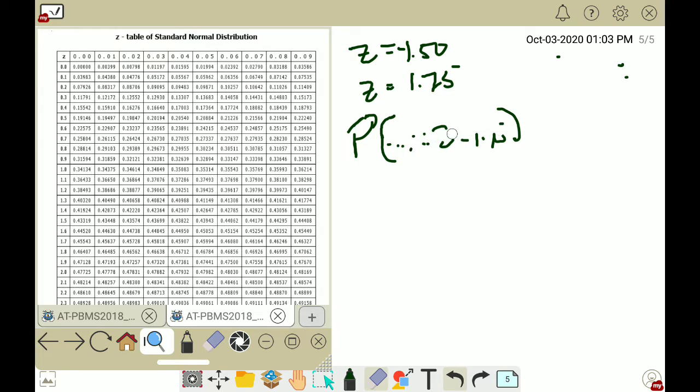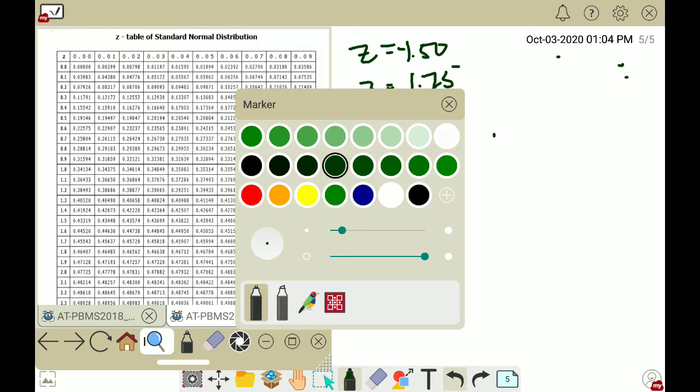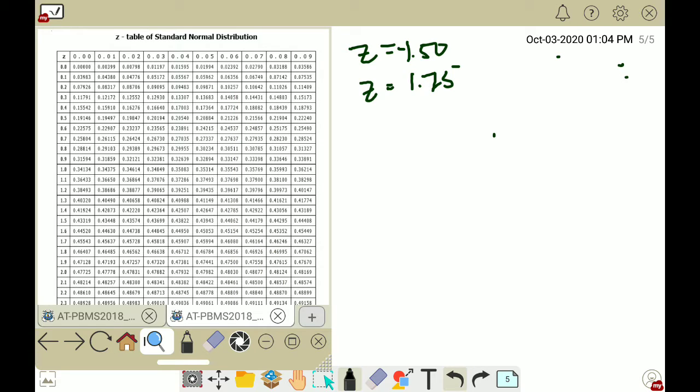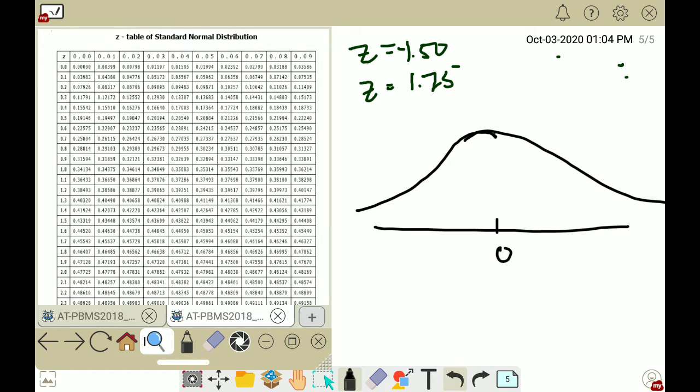Okay, illustration. For the illustration, we're going to look for between. So create your normal curve here. Okay, 0, -1, -2, -3.